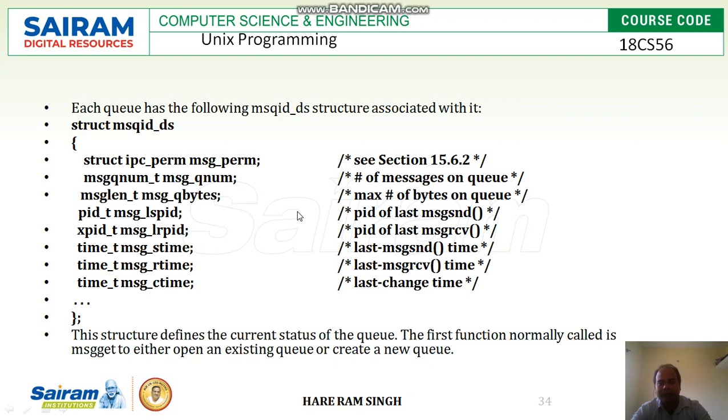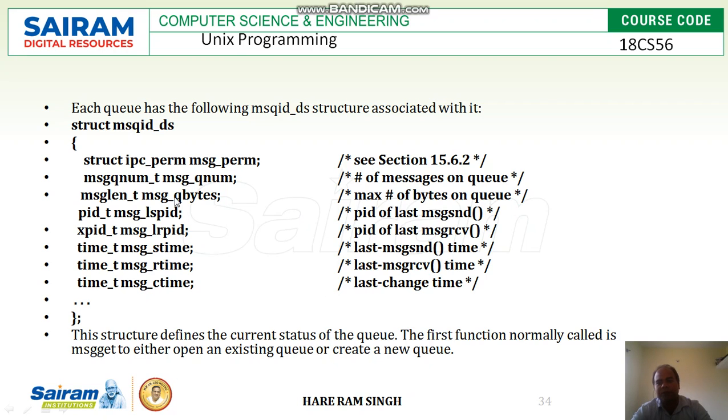Next, msg_qbytes represents the maximum number of bytes on a queue. msg_lspid represents the PID of the last message sent, and msg_lrpid the PID of the last message received. msg_stime represents the last message send time, msg_rtime represents the last message receive time, and msg_ctime represents the last change time.